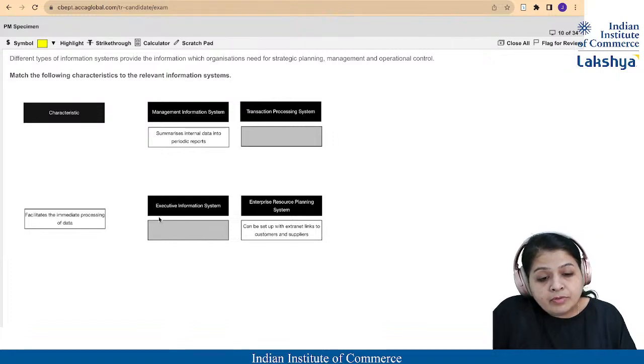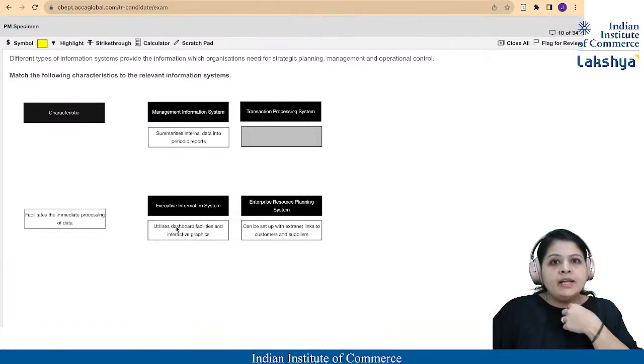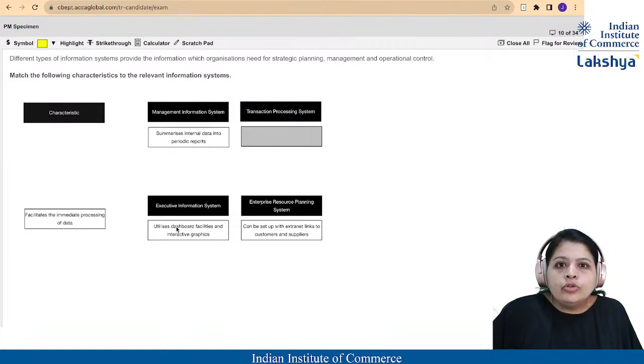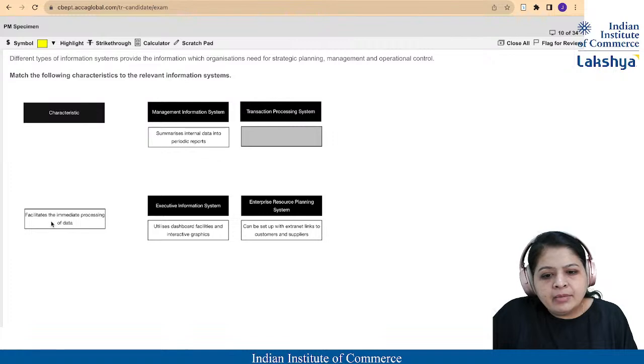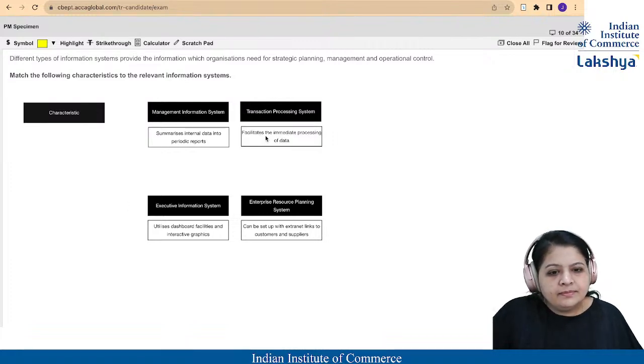Mostly the executive information system is looking out for that because they don't have so much time to go through all the individual information properly. And facilitates the immediate processing of the data, and that shows that the company is having a transaction processing system, right? So with these values, we can figure out what are the common interactive systems, right?